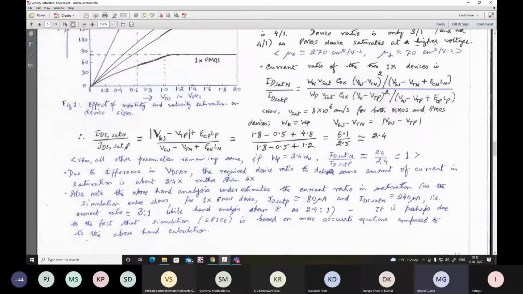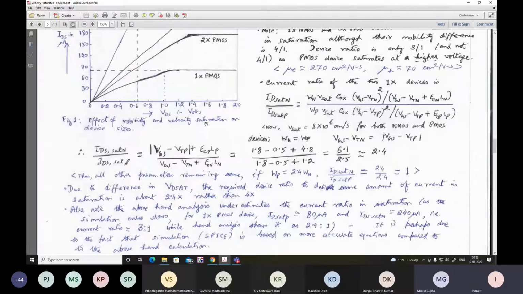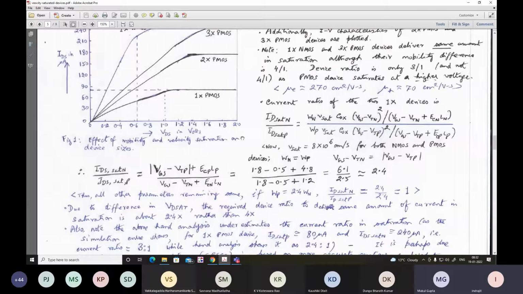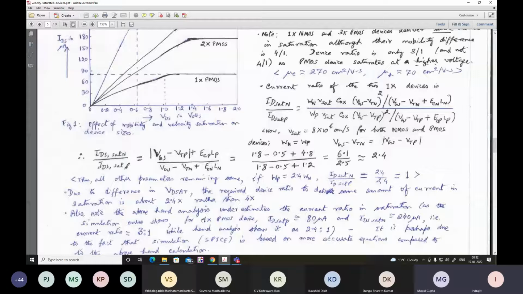This hand analysis actually underestimates the current ratio in saturation. We see that IDSAT P is nearly 80 microampere for the 1x PMOS device, whereas IDS N for the same size device is 240. So they differ by a factor of 3. The current ratio is 3:1.